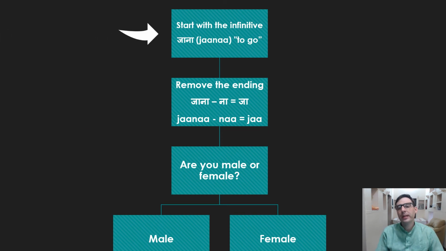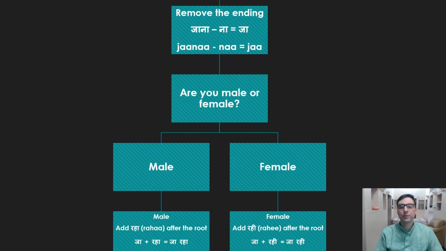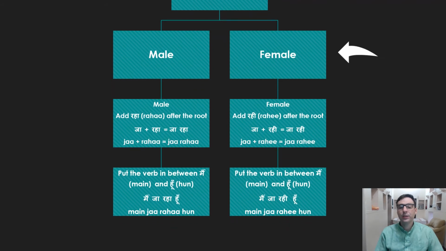So in the feminine, again, we're going to begin with the infinitive form of the verb that we're using. And again, we're using the verb jaana, to go. The first thing that we want to do is remove the ending. So ja minus na gives us the root, which is ja. And we're asking the question, are you male or female? And this time we're going to do it as female. And as a female, we simply add rahi after the root.